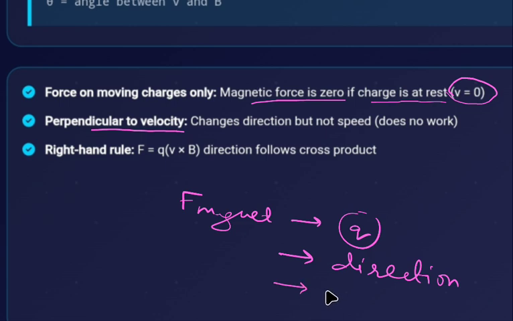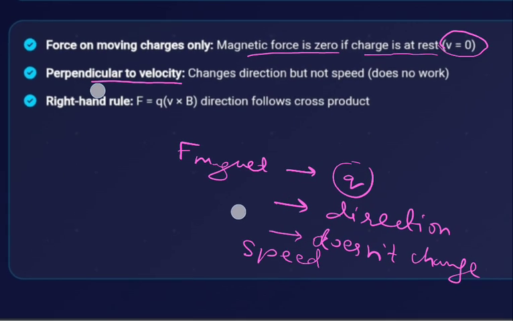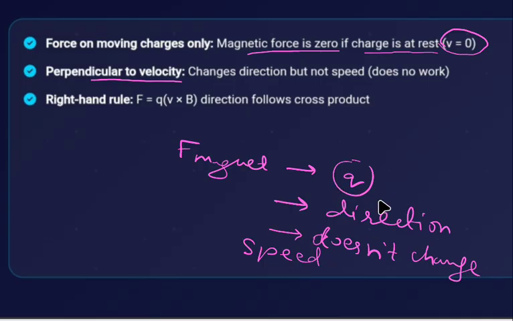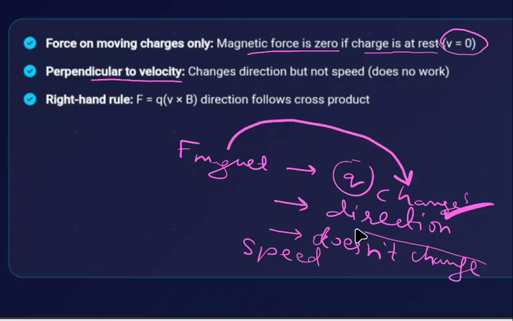It doesn't change the speed. Speed will not be changed here, only the direction changes. The magnetic force can change the direction only, it cannot change the speed of the charge.